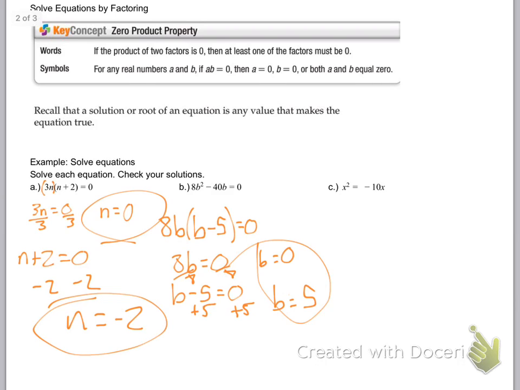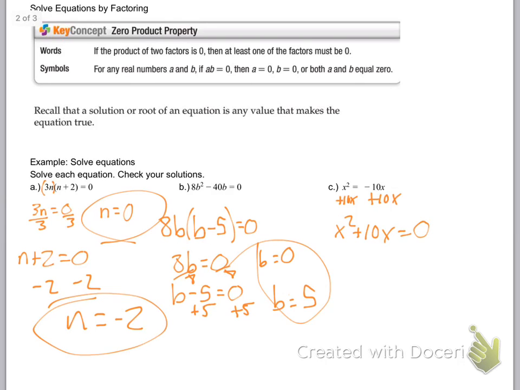It's the 2. So it's the x squared that would be the leading term. Is it positive or negative right now? It's positive. So therefore, I'm going to bring everything to that side. So to get a negative 10x to the other side, I will add 10x. So I get x squared plus 10x equals 0 now.